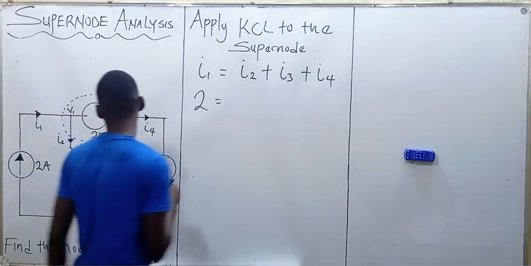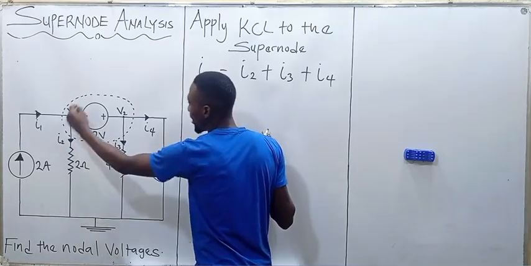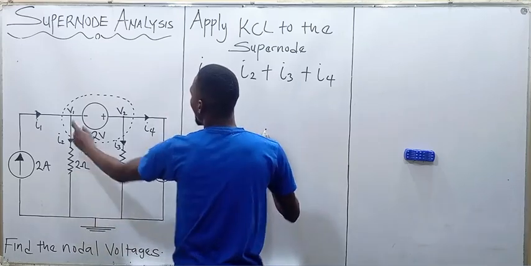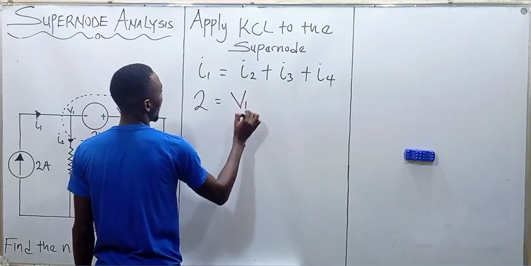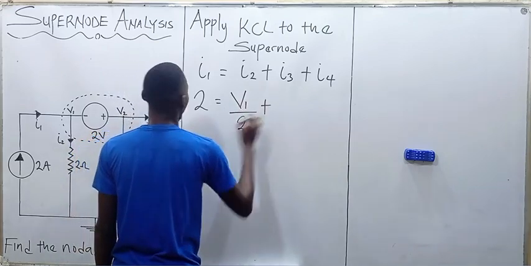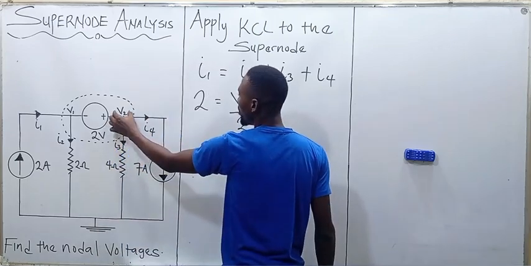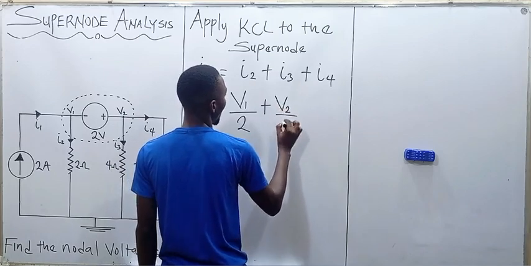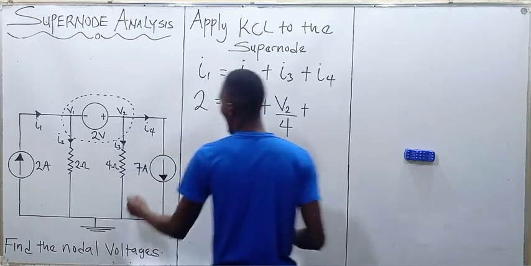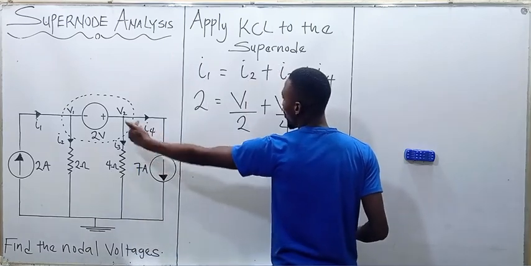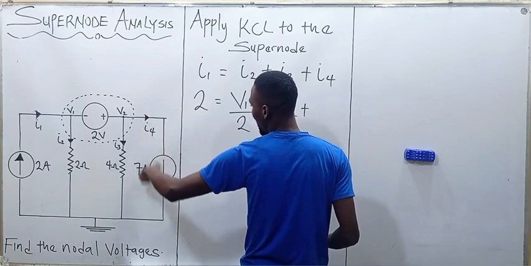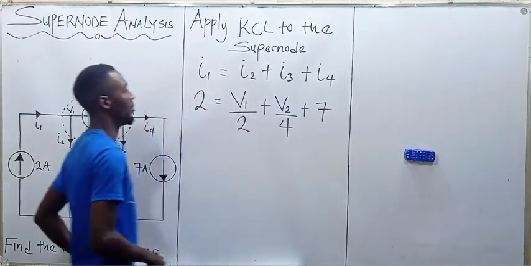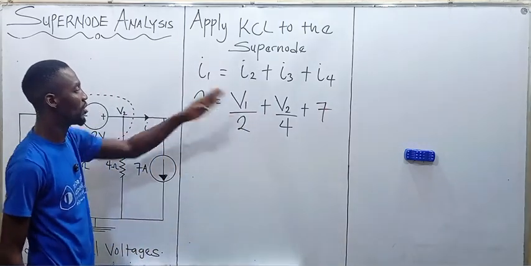Our I2 is flowing across this branch, so it's going to be V1 minus 0 divided by 2, that is V1 over 2, plus I3, which is V2 minus 0 divided by 4, that is V2 over 4, plus our I4, which is the same as the current flowing downward there, which is 7 ampere. So it's going to be 7. All right, now the next thing for us is just to simplify.